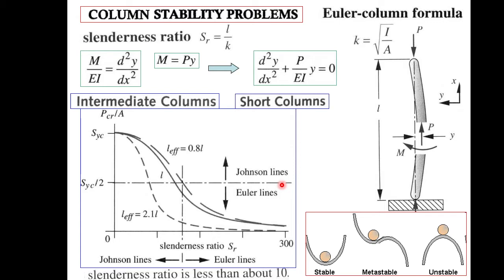There is a slender column, there is a short column, etc. Usually the slenderness ratio is defined by L by K. L is the length and K is the square root of I over A, called the radius of gyration. L is the effective length; depending on the boundary condition, we take L. So this theory part you know, right?